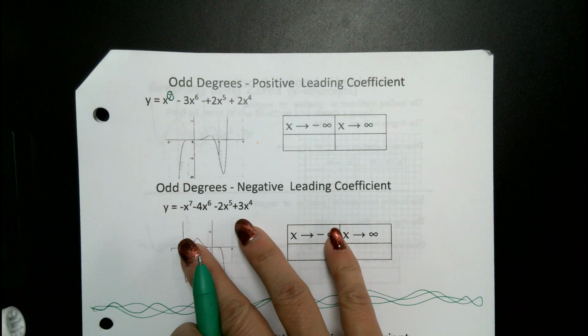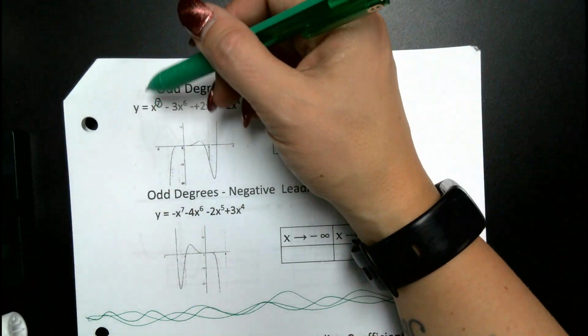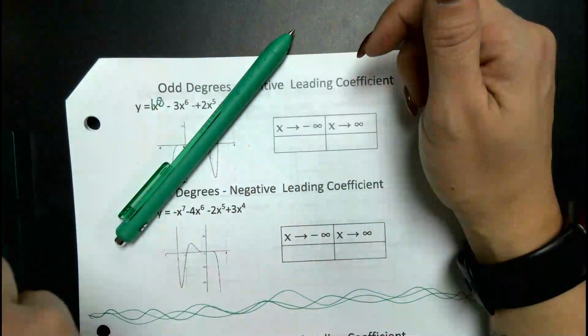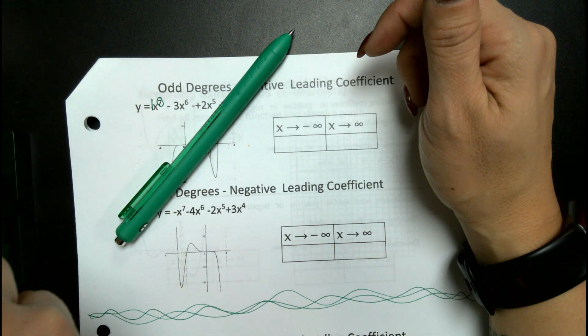Well, with our odd exponents, if there's a positive number out front, like in this case, it should be similar to that positive slope of a line. The left side of our graph should be going down, whereas the right side of our graph should be approaching positive infinity.